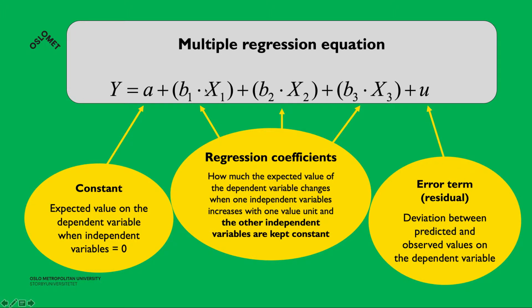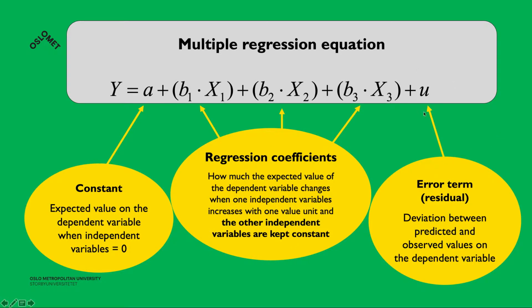Or we can keep this one constant and this one constant, and then let this second regression coefficient vary to see the effect on the dependent variable. And then we have the error term, or the residuals, which is the deviation between the predicted and observed values on the dependent variable.